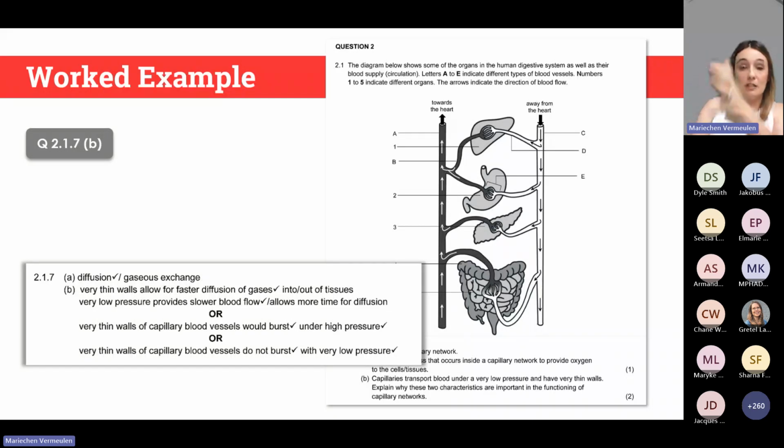So the concept here is slower blood flow, or very low pressure, more time for diffusion. The question asked them, what is the purpose of the very low pressure? So you're not emphasizing your mark for the first part of the answer. Very low pressure is not where the emphasis goes. The emphasis goes on the function of that, provides slower blood flow or provides more time.